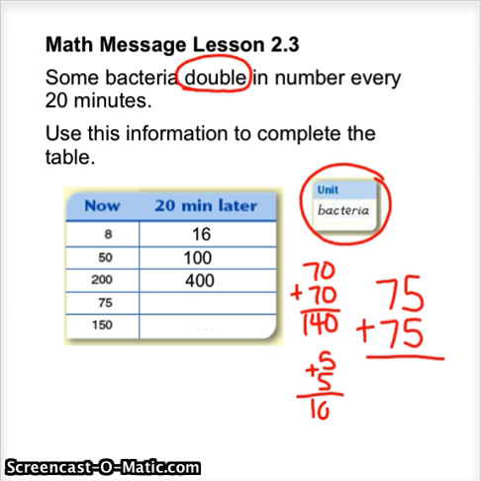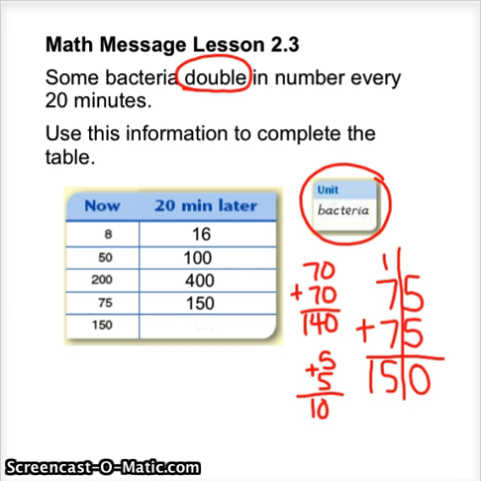So 140 and 10 will be 150. Or if you know how to add, you start with the ones column and you add 5 plus 5 is 10, and we bring the 1 over to the tens place. And 7 plus 7 is 14, and 1 more is 15. So if we double 75, that's 150.